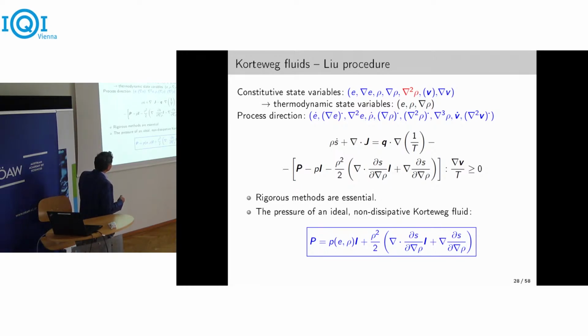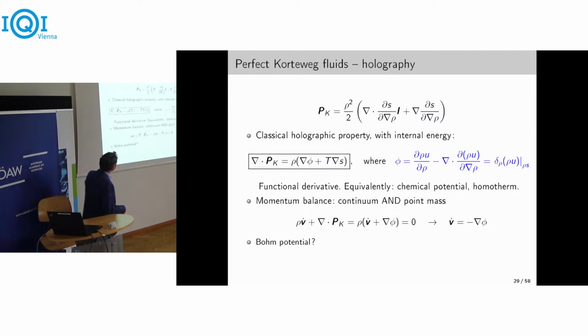However, in our case, you get an additional part. And to get this additional part, the entropy depends on the gradient of rho. And to get that, the rigorous methods are essential, of course. And if P equals that, then you get not Euler fluids, but thermodynamically compatible Korteweg fluids. So that part is the Euler fluid, the ideal perfect fluid, and this part is not.